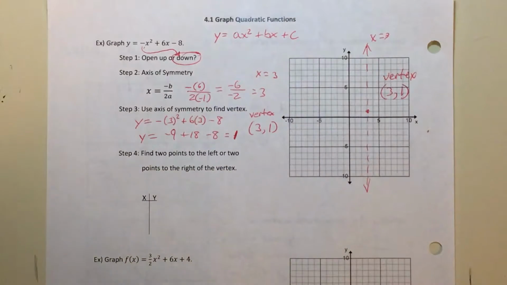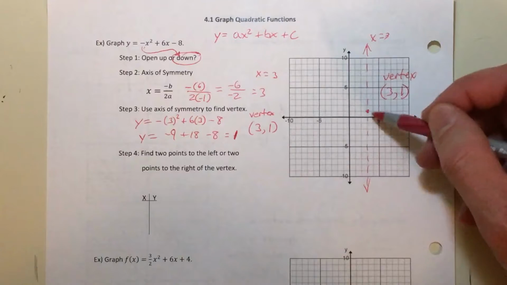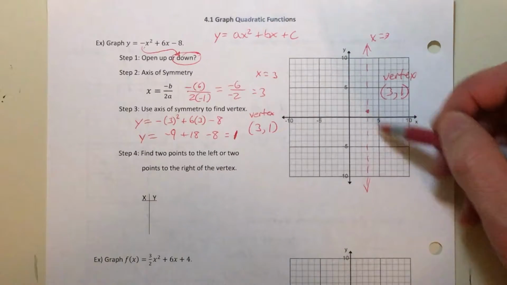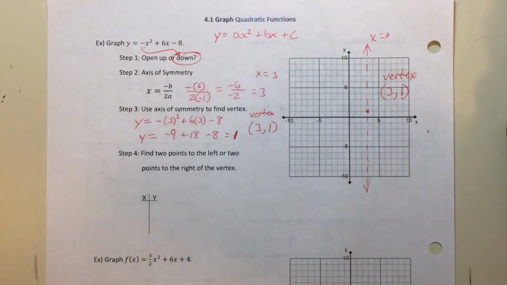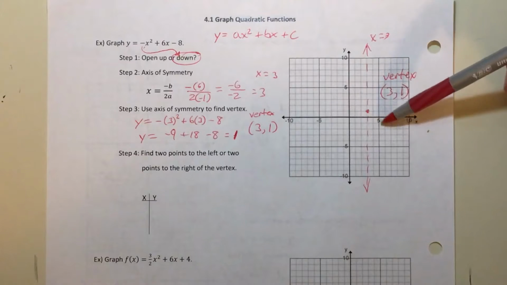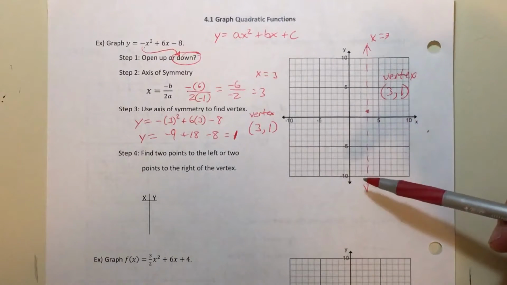Now we're narrowing in. We know that this graph is going to open down, but we need to know the specifics. We want to make an exact graph. Since we know that parabolas and quadratics are symmetric when we graph them, I'm going to get half of the graph using a table of values, and then I'm going to reflect it over.